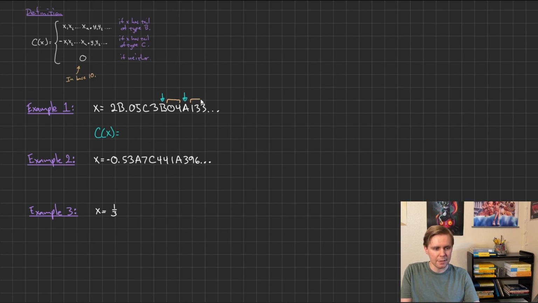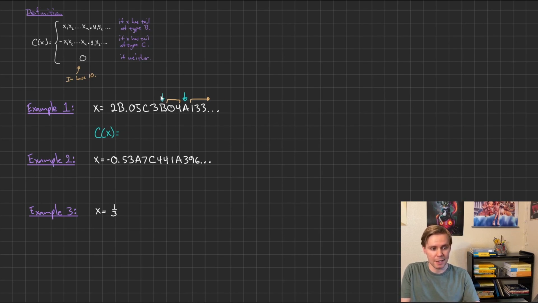And then here I have some digits from 0 through 9, and when I wrote these dots, I'm just assuming that the rest of these numbers are also between 0 and 9. Just as the creator of the example, I'm going to assume that these are all from 0 through 9.